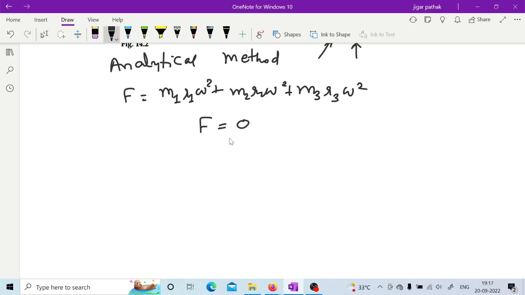Now in our case, as we have seen, this F is not coming 0. So when this F is not 0, then sigma F plus a certain balancing force must be equal to 0. Now this sigma F is nothing but the product of m and r.